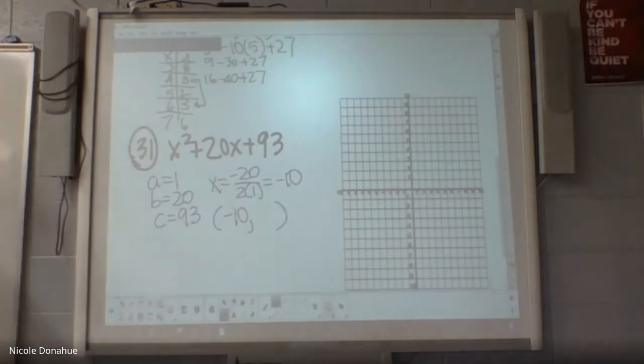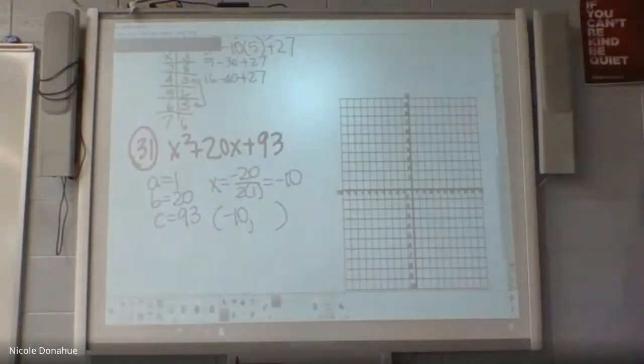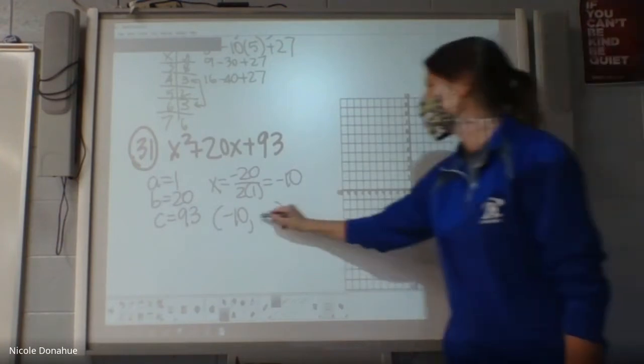When I go to put that in, I get 100 minus 200, and then plus 93, so that's a negative 7.